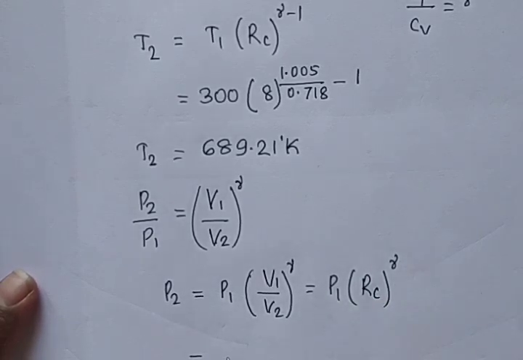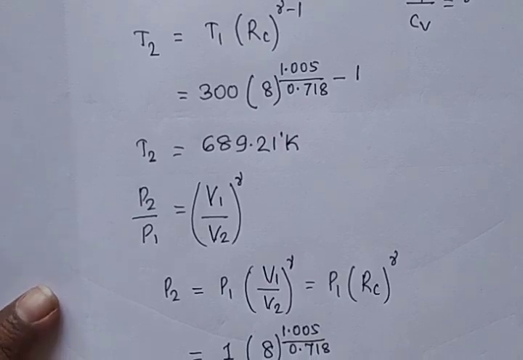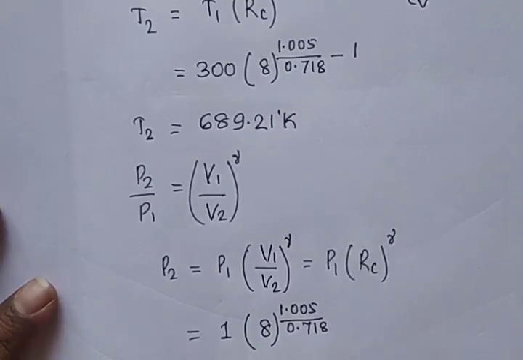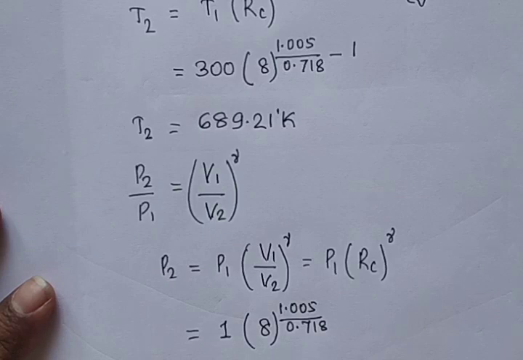That is P1 is 1 bar, rC is 8, whole raised to gamma, which is Cp by Cv, that is 1.005 divided by 0.718 in the exponent. So find out the value of P2. We get the value of P2 as 18.36 bar.